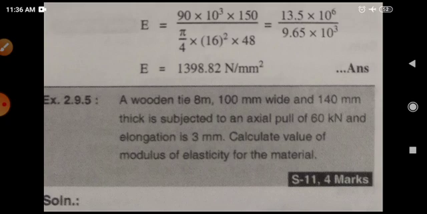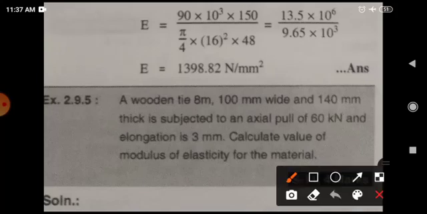As this is a wooden tie which is cuboidal in shape, it is 100 millimeter wide, 140 thick, and having length 8 meter or 8000 millimeter. You have to convert it. I am telling you the given data, you have to solve it on your own. I am not giving the answer over here, so try to solve on your own.